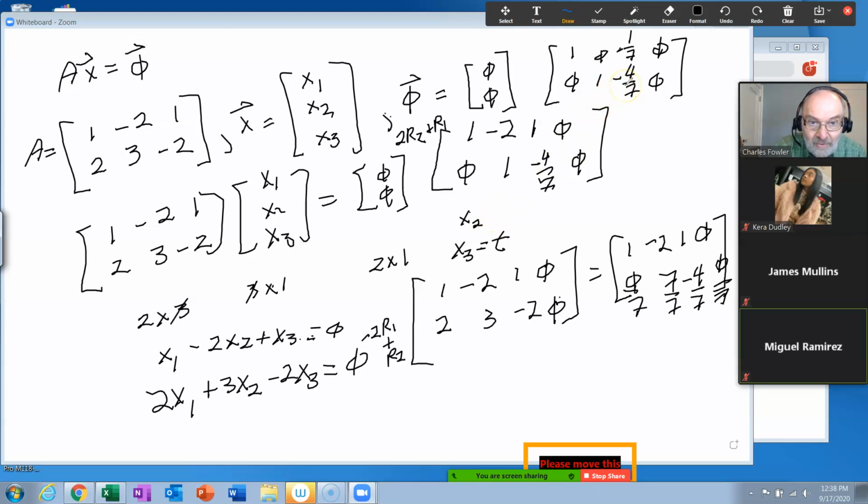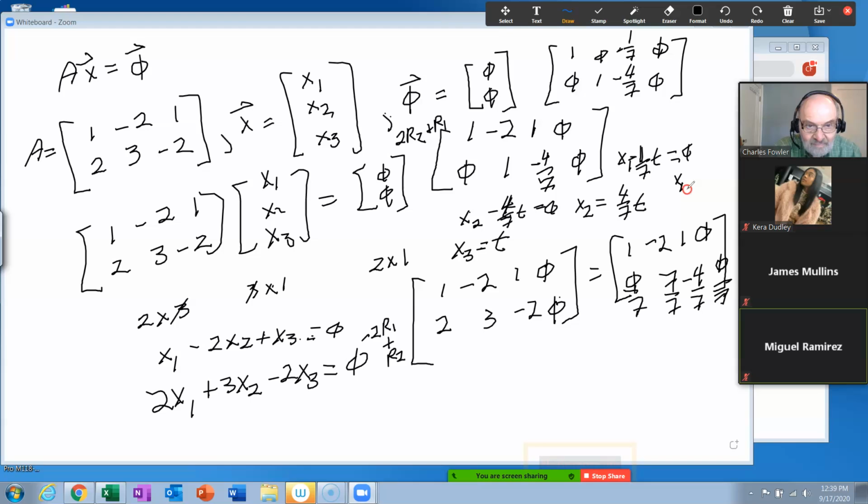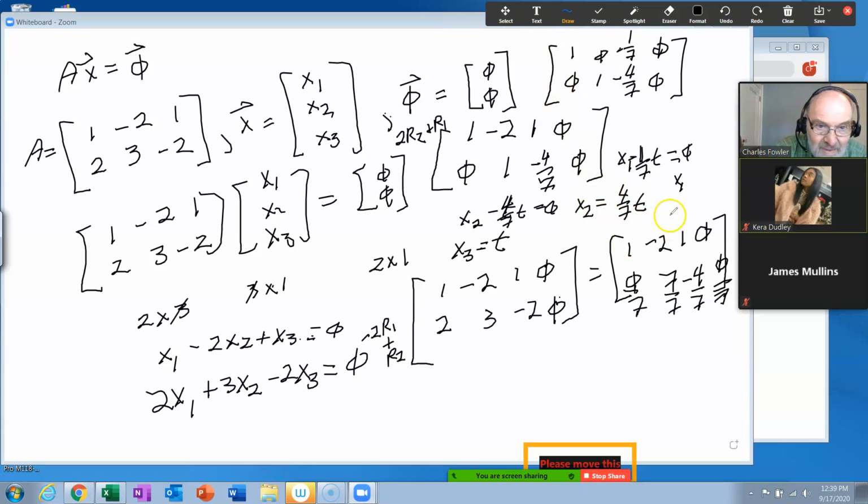So the second row here will say X sub 2 minus 4/7 T is equal to 0, which of course makes X sub 2 equal to 4/7 T. And X sub 1 minus 1/7 T is equal to 0, which means X sub 1 is equal to 1/7 T.